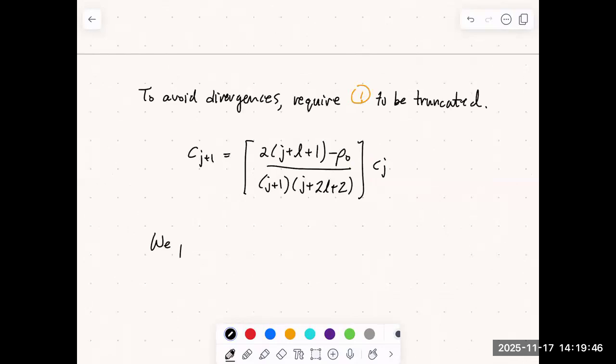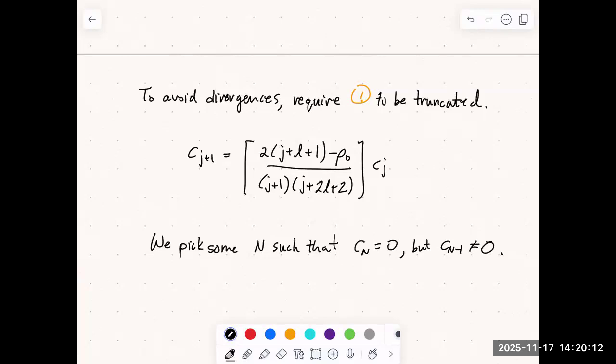Okay. So we pick some n such that Cn is going to be 0, but Cn minus 1 is not equal to 0. You can see if I make Cn equal to 0, like let's say j equals n, then Cn plus 1 is also equal to 0.